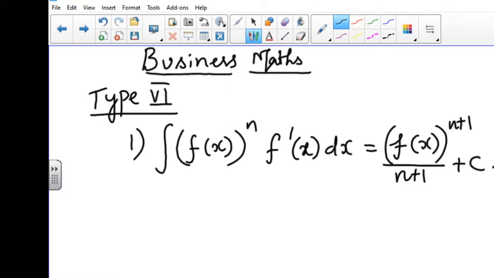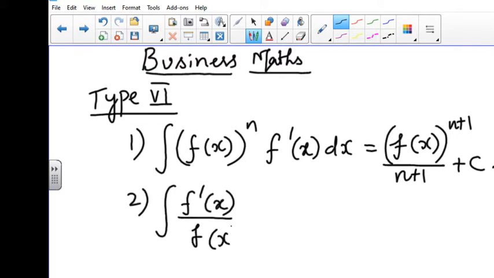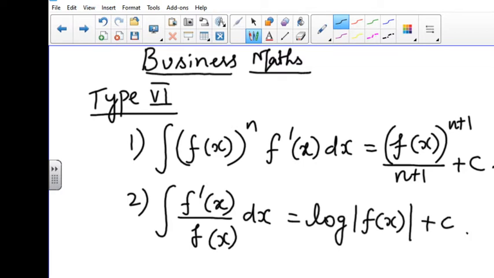Next, the second formula is integral of f dash of x divided by f of x dx. Whenever we have the differentiation of the denominator in the numerator, we will have log of modulus of f of x plus c.